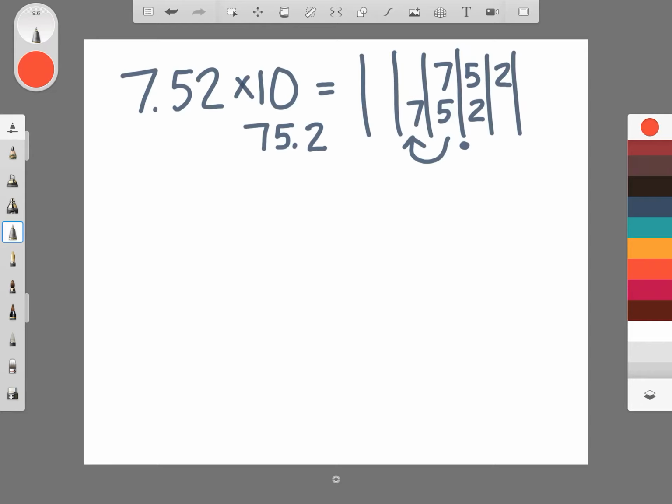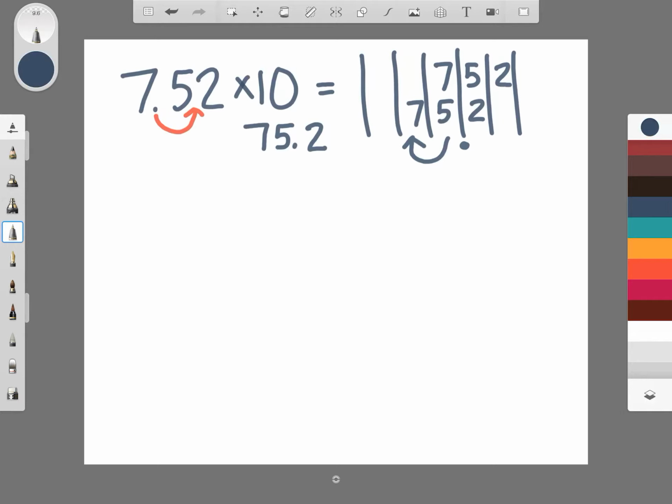When we multiplied by 10, if you notice the decimal is now after the 5, so it moved from here over to here. So when we multiply by 10, we can just move the decimal, and that will make it a lot quicker and easier, and we won't have to draw the place value chart.